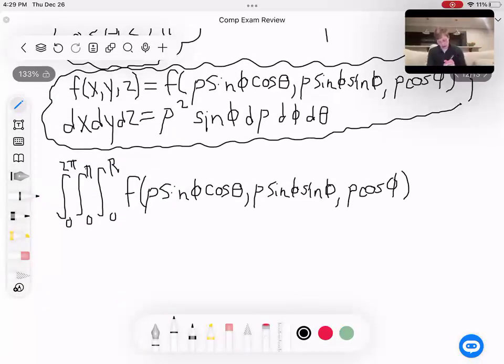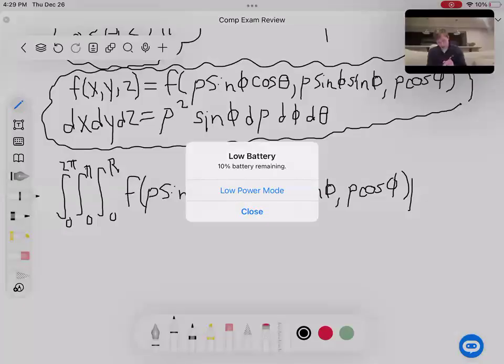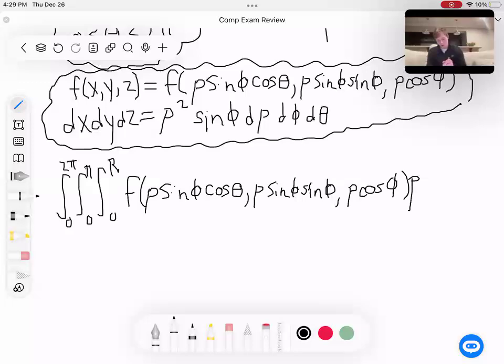Okay. Right. And then this is going to become rho squared sine phi, right? Because of that Jacobian, d rho d phi d theta. And I have to go a little bit onto the next line, but that's okay.